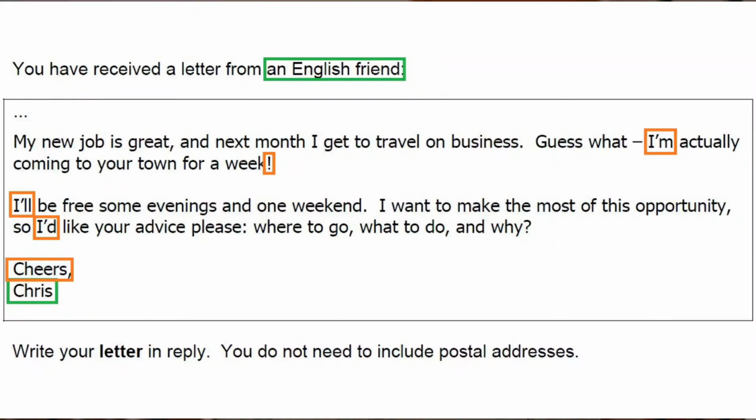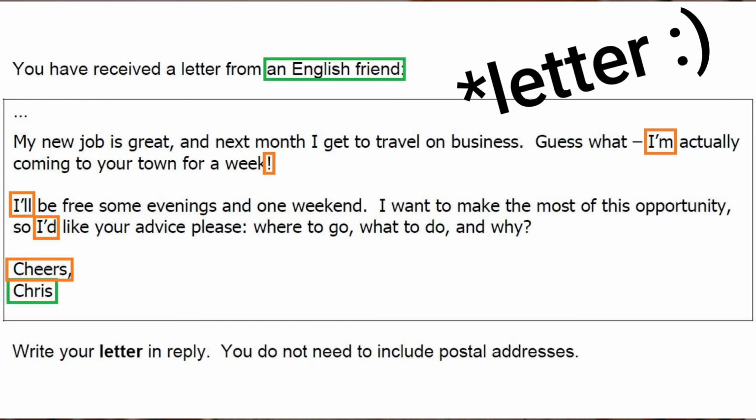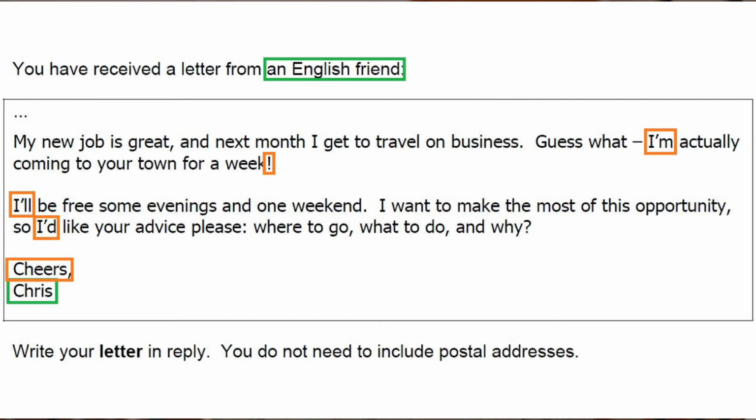So let's have a look at an example task of a C1 Advanced review. You can see that I've already highlighted the key pieces of information that tell us about the most appropriate register for this specific task. In green, you can see that we are going to write to an English friend called Chris.